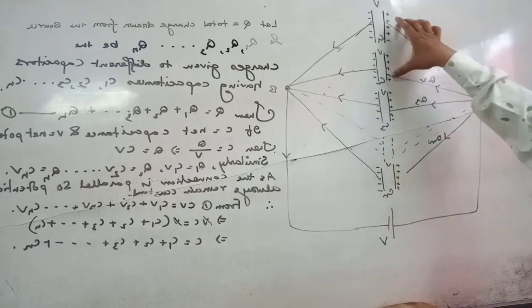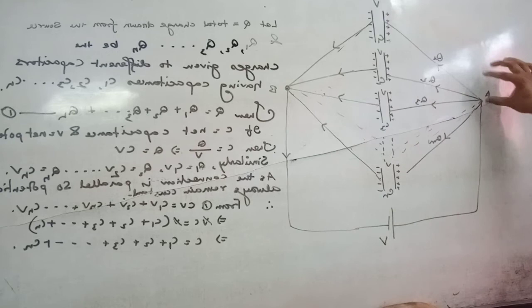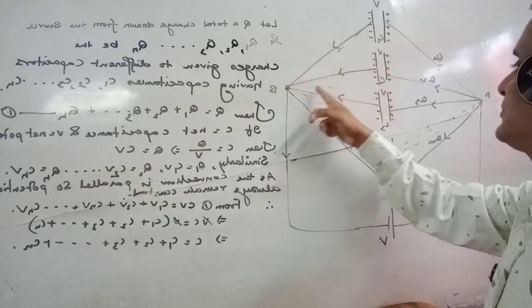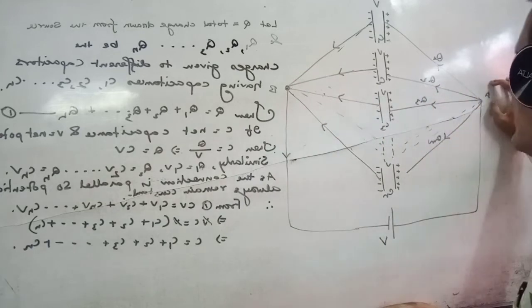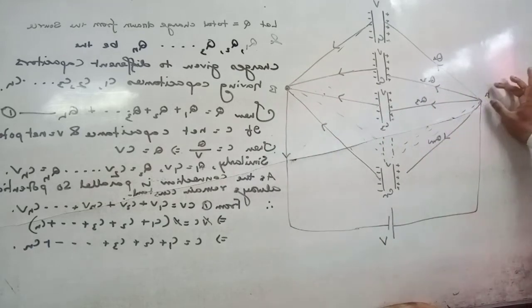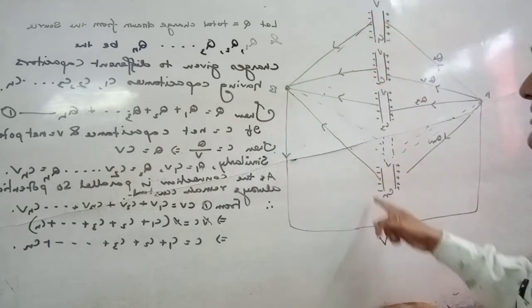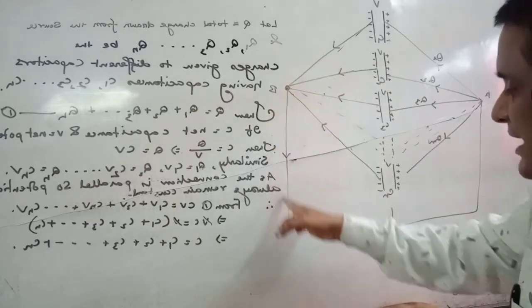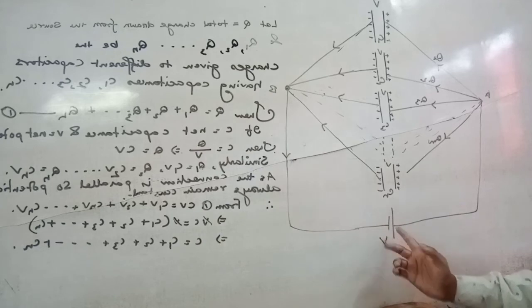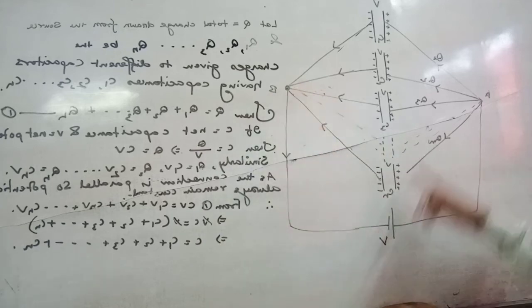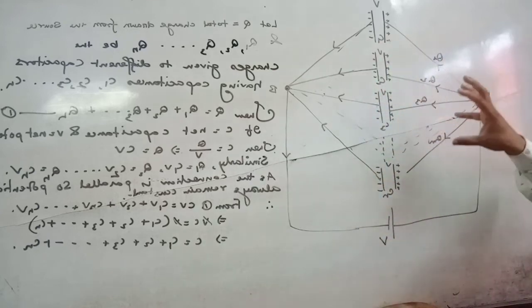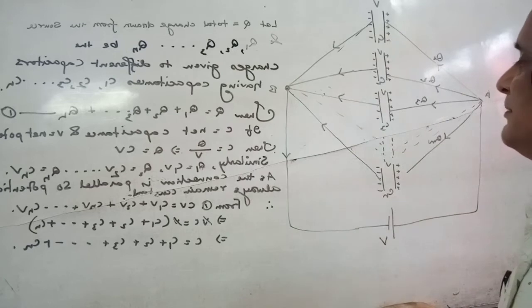And we have connected all the positive plates to a common point A and all the negative plates to a common point B. And these common points are again connected with the cell, so that this is connected with negative and this one is connected with positive. So you can say the system is connected in parallel.